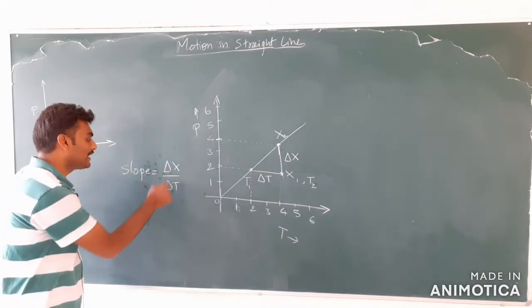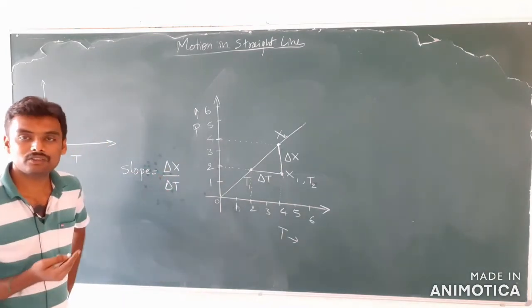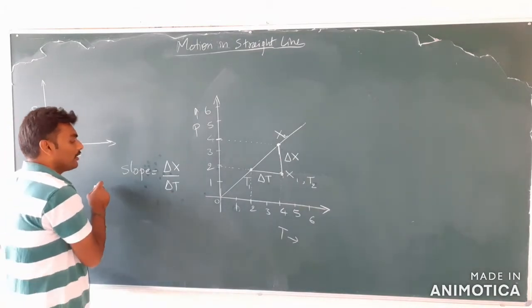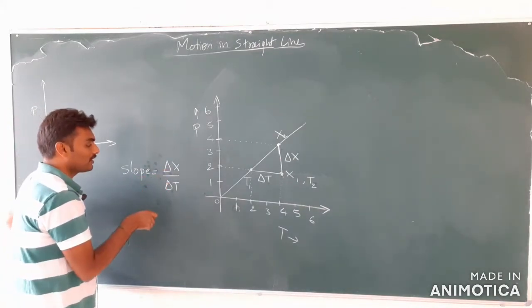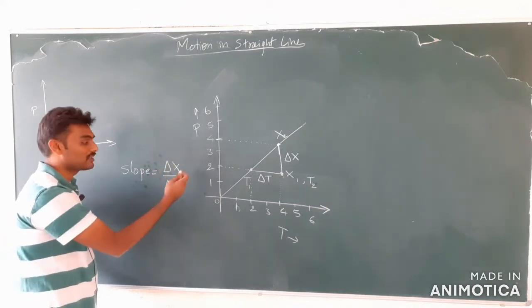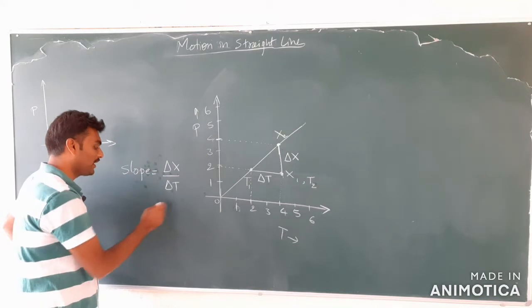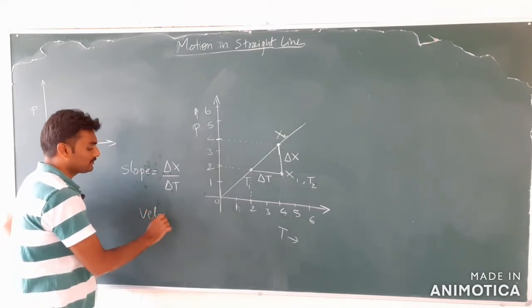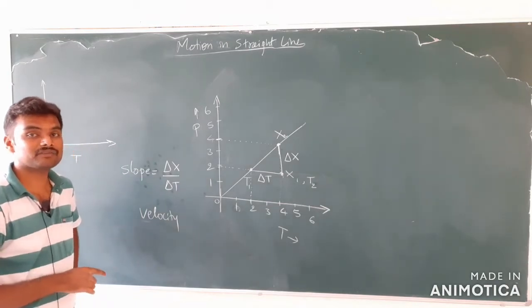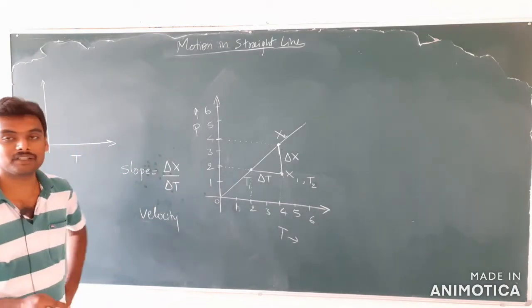Now what is this delta x by delta t? We have just discussed about it, right? Delta x by delta t, rate of change of displacement, rate of change of position, both are same, which is velocity. Okay. So slope of a PT graph gives us velocity.